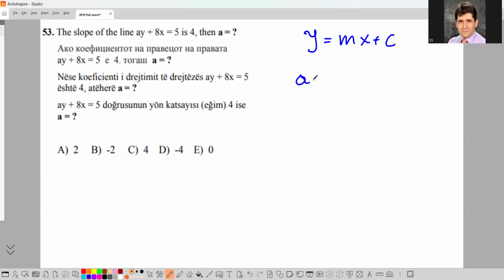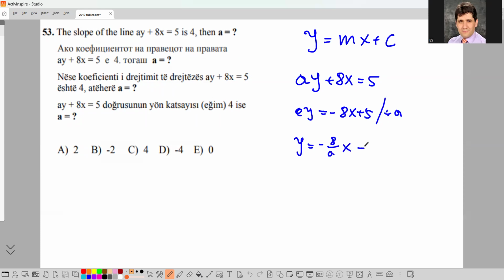So in our case, we get ay plus 8x is 5, which means ay is negative 8x plus 5. Divide both sides by a, you get y is negative 8 over a x plus 5 over a. We actually don't care about the last part. We only care about this one because that is given.